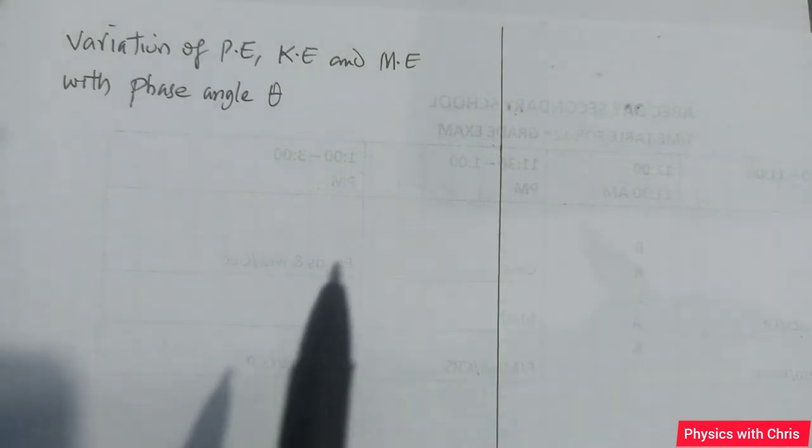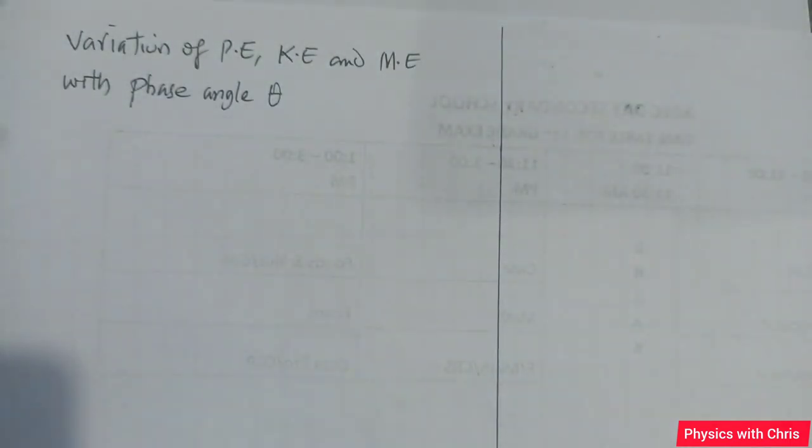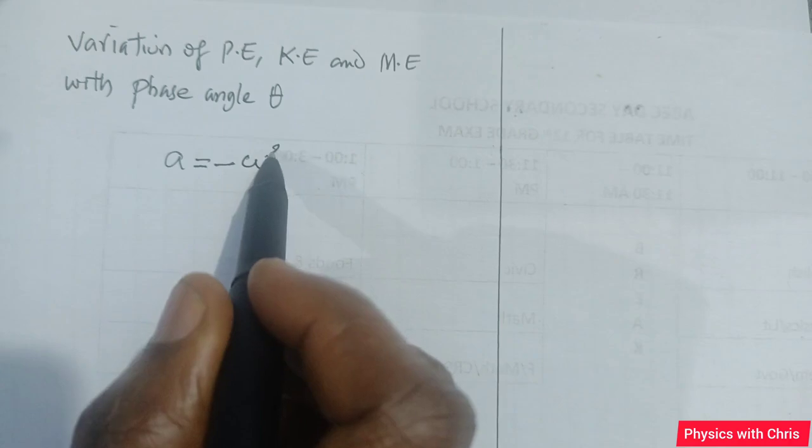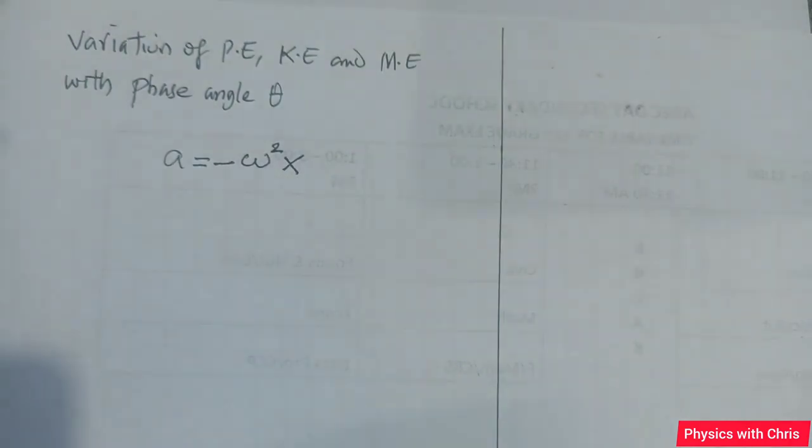Recall that the equation of a body in simple harmonic motion in terms of its acceleration is given by minus omega squared multiplied by the displacement x. The negative shows that the direction of displacement is opposite to the direction of acceleration.